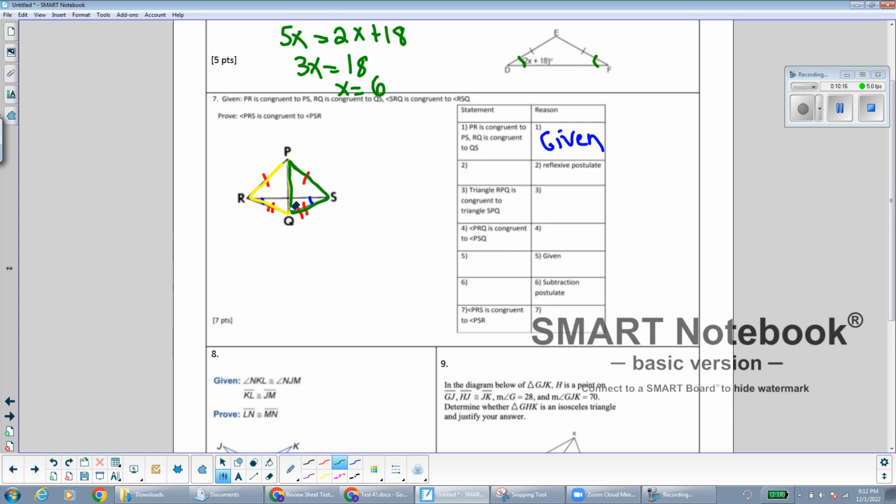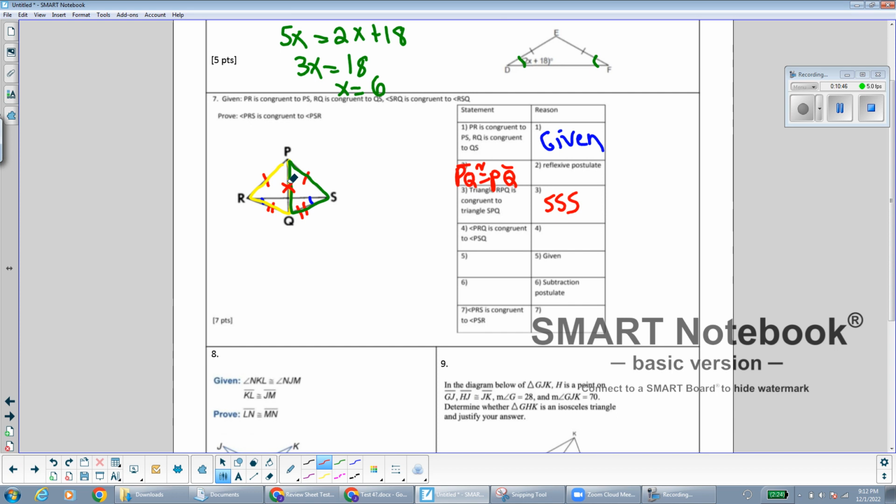Now, let's think about what would make sense, what's shared between those two triangles. I see that PQ is the shared side. So I'm going to write down PQ is congruent to itself by the reflexive postulate. And that makes these two triangles congruent by SSS, side, side, side.